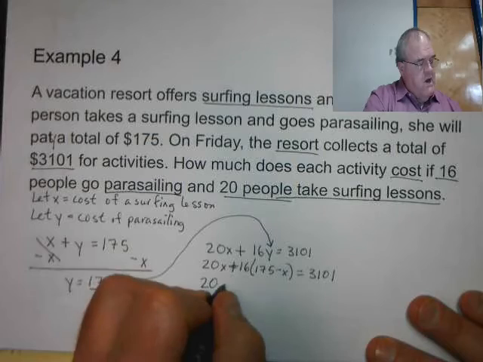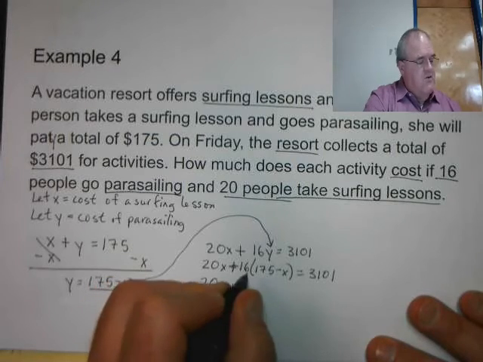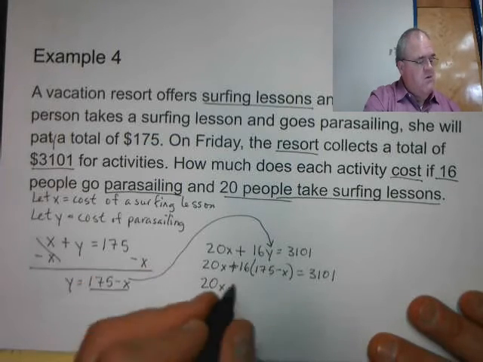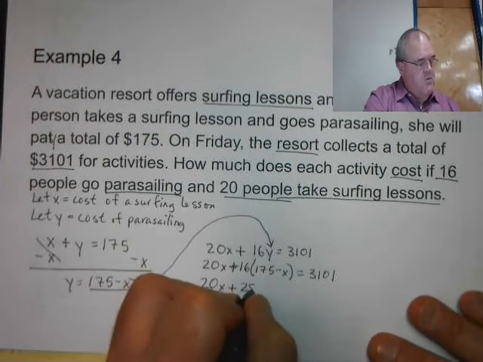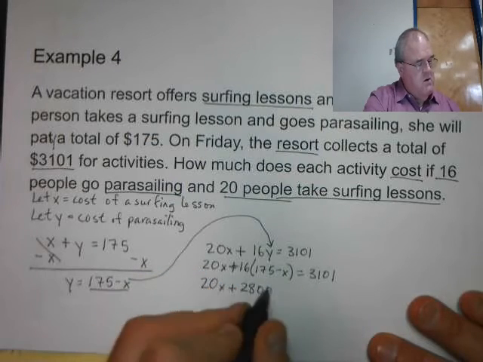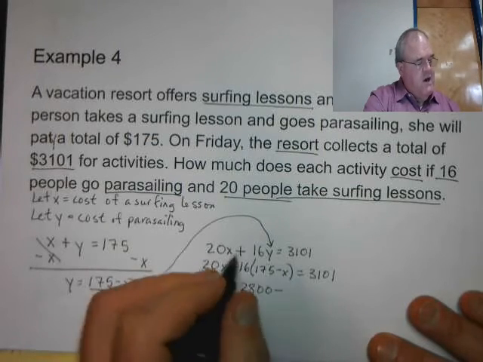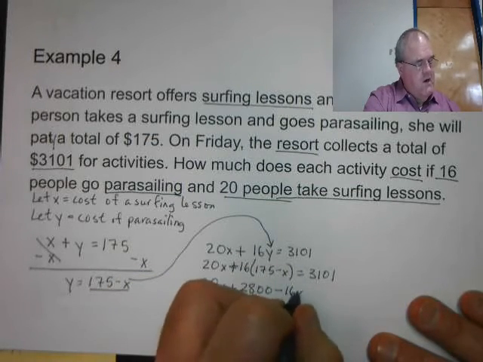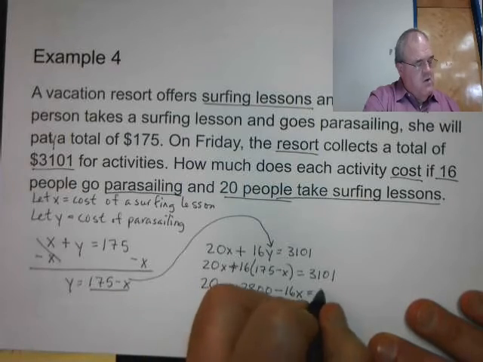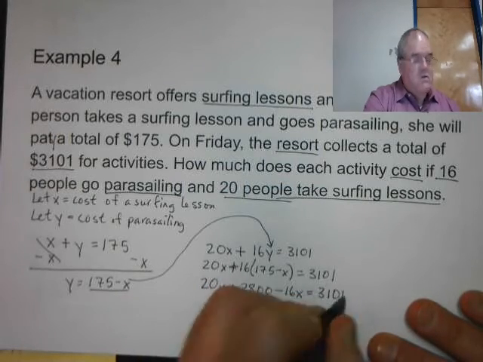So I'm going to have 20x plus 16 times 175 is 2,800 minus 16 times x, so 16x equals 3,101.